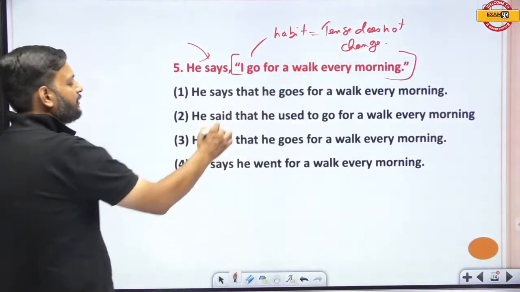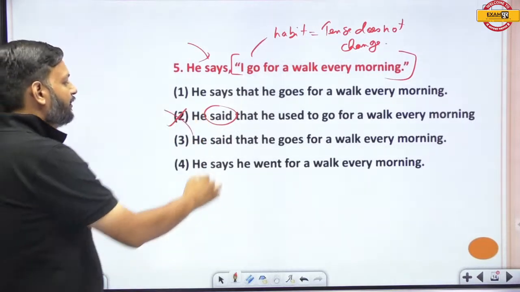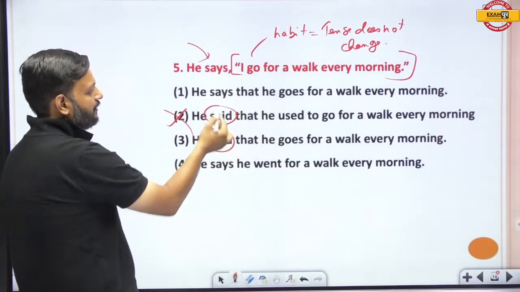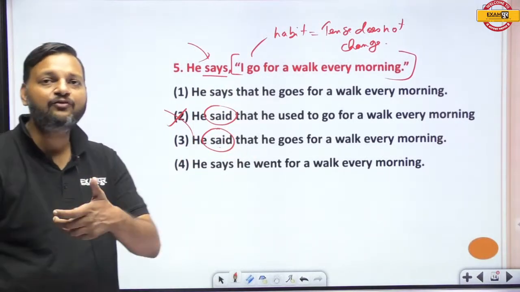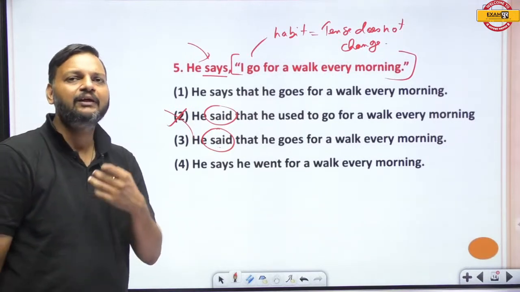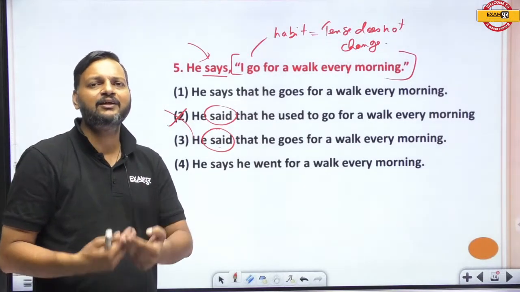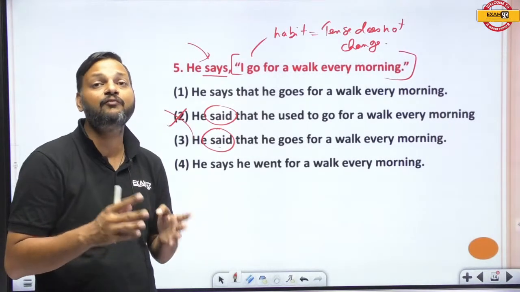He said, here the tense has been changed, cannot be the answer. Again here said. If the reporting verb is says, you cannot change the tense of reporting verb. Even if you are changing the tense of reported speech, you cannot change the tense of reporting verb.